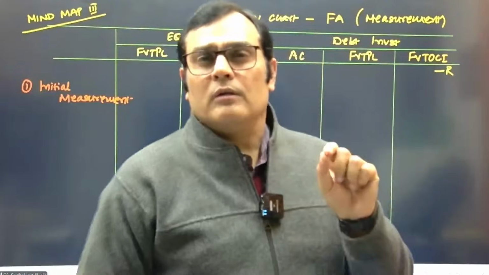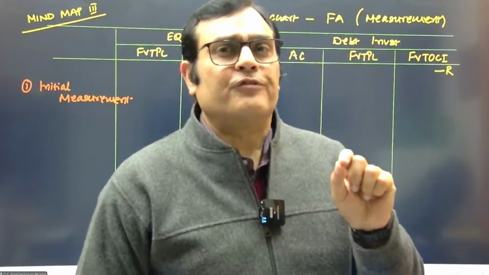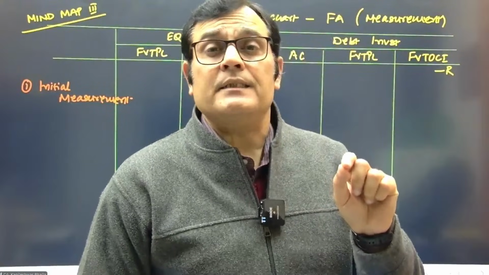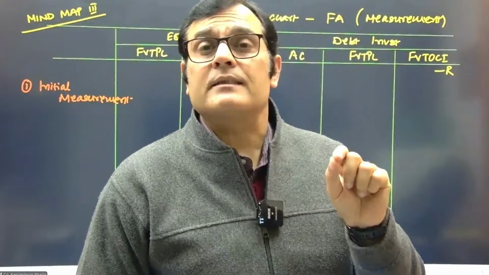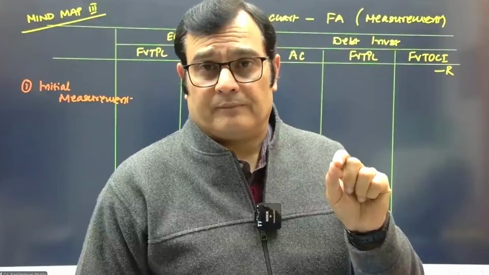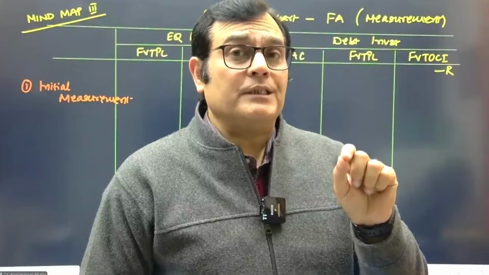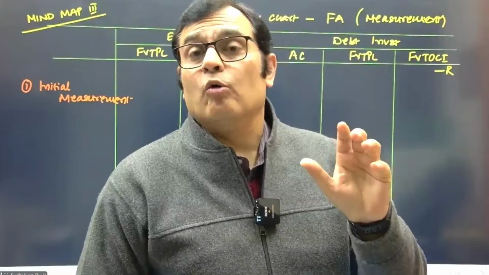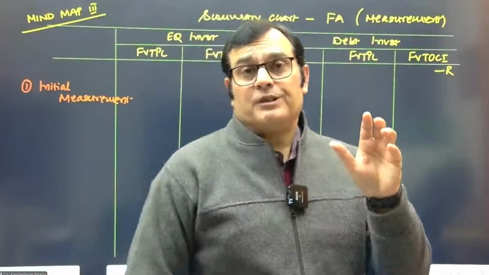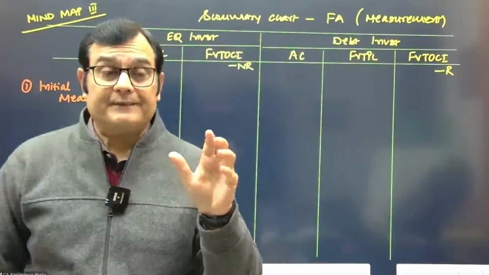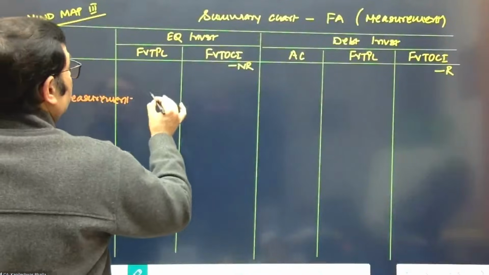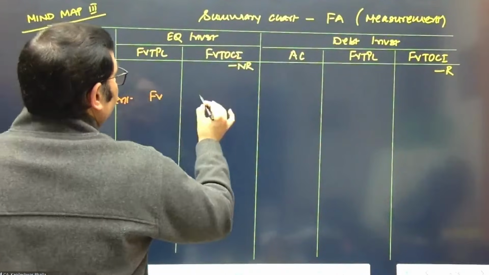Can I see in all these cases it is a fair value and TC is added except FPTPL? In FPTPL, the TC is not added, but in all these other cases, the transaction cost is going to be added. So this will be initial measurement at a fair value.